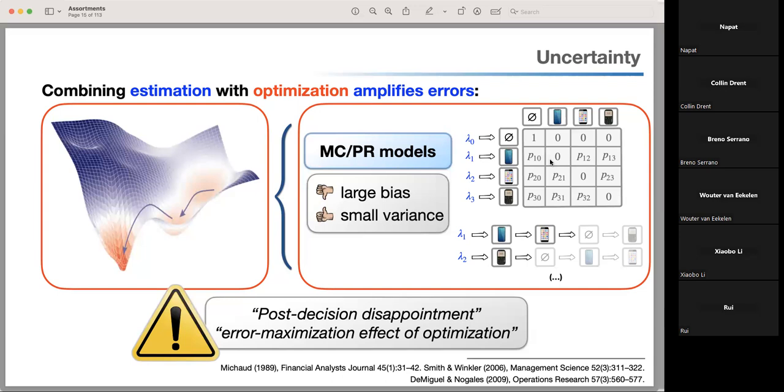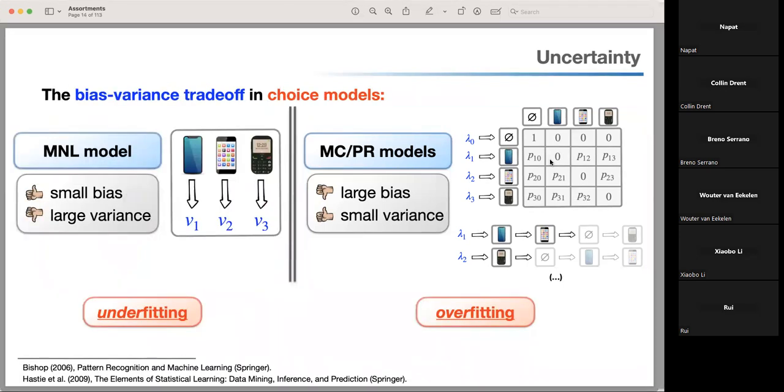So how can we address this issue of post-decision disappointment? One solution that is often employed in machine learning is, in this bias-variance trade-off, to err on the side of complexity. We use more complicated choice models, such as the Markov chain or the preference ranking models. But then subsequently, we penalize complexity in model output.